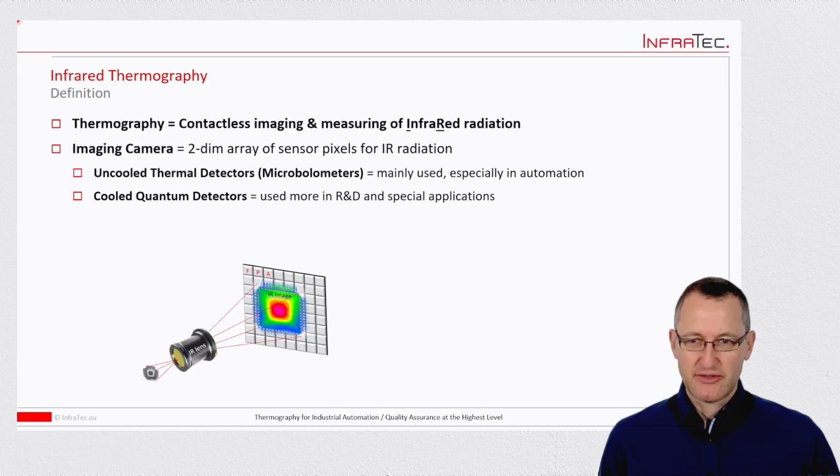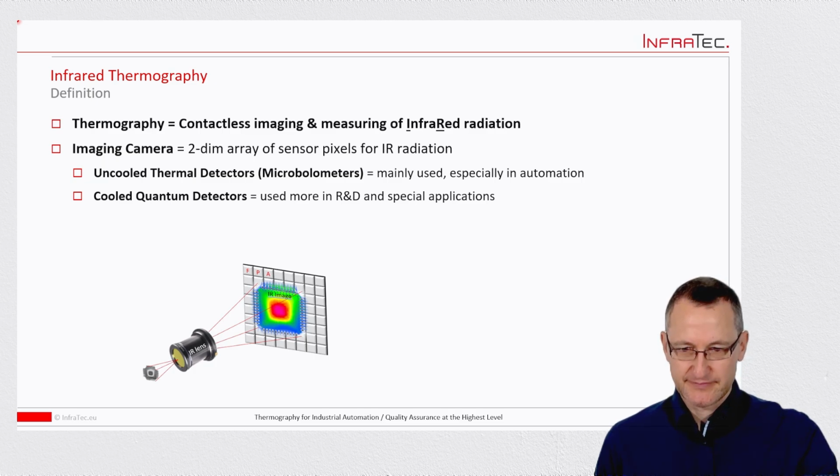On the other side, we have the cooled quantum detectors that are used more in R&D and special applications. Here we can see an overview of how that looks: a typical setup, a lens, and a detector, also called focal plane array, that can measure the infrared radiation.